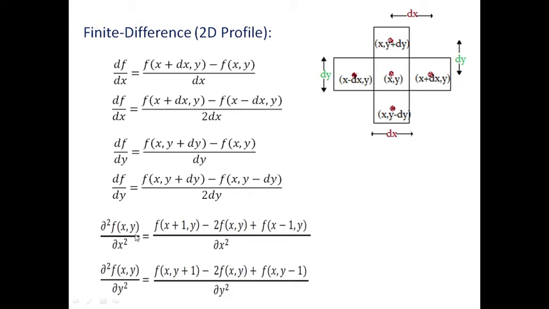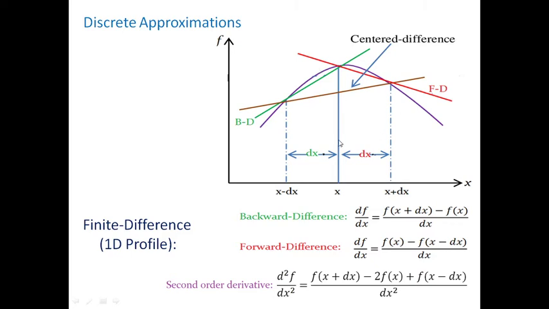Now you may ask me how I have written this equation directly, because this is my 2D profile. In my previous slide I showed you the 1D profile. These are the 1D profile finite difference approximations, discrete approximations. Because I don't have any y coordinate there, I considered only one coordinate, that is x, and its magnitude, that is f, because it is a signal.